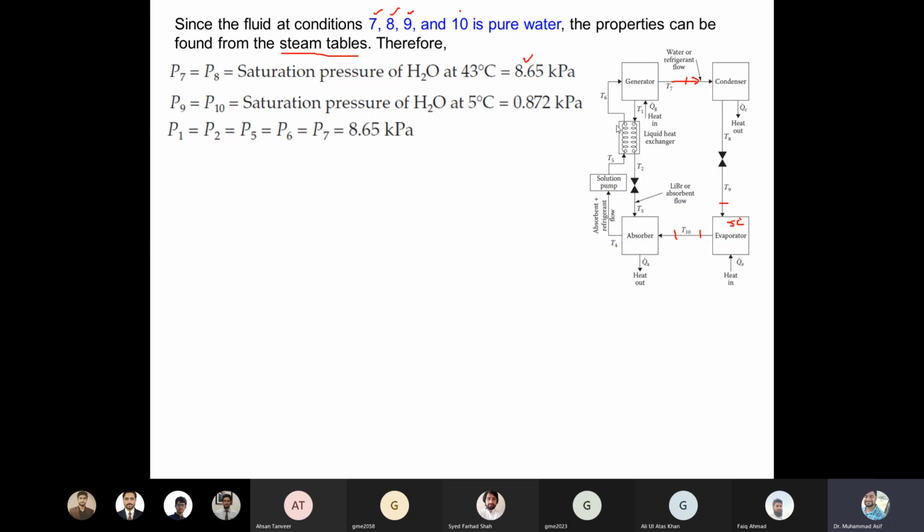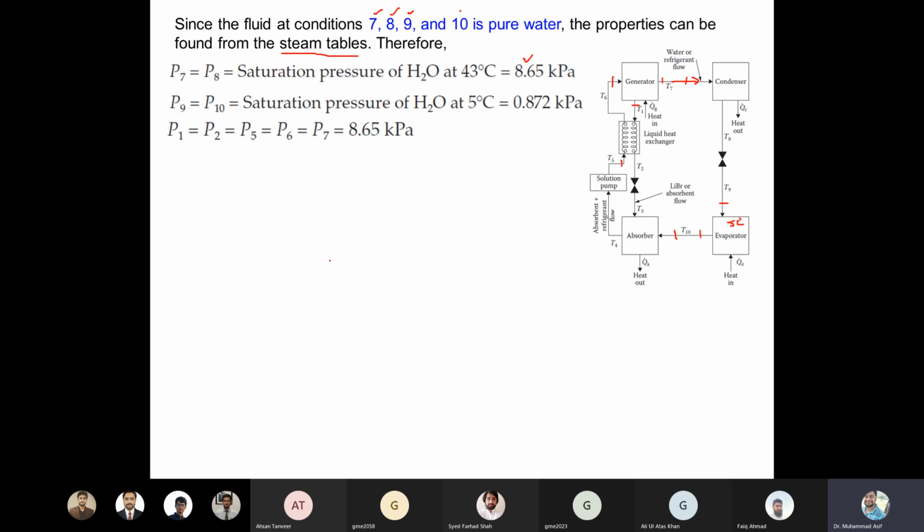Similarly, all of the pressures in this range will be the same, and the pressures in that range will be the same. If you know P1, P2, P5, P1 means this one, related to the generator, P6 is this one, P7 is this one, so in this range, even this one is the same. They are operating at the same pressure.